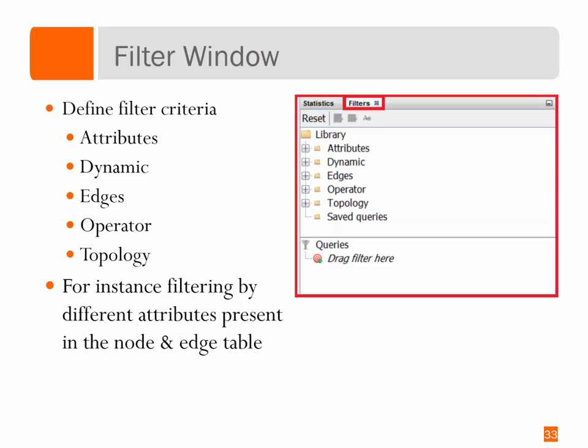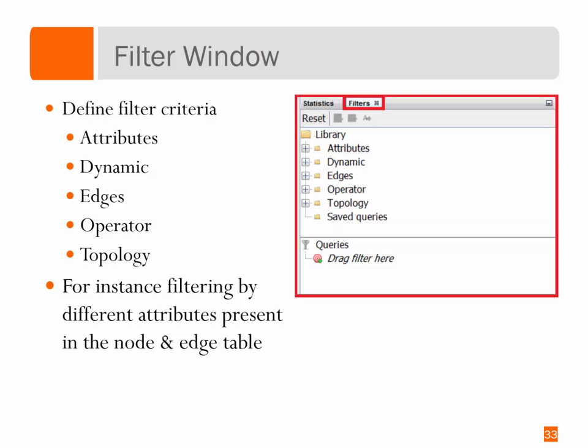Now moving on to the filter window, as we discussed before, we may want to filter out particular values or attributes. Some of the filter criteria: we can filter on attributes, we can do dynamic filtering, filter on edges. For example, we might want to filter out less meaningful or more meaningful relationships.